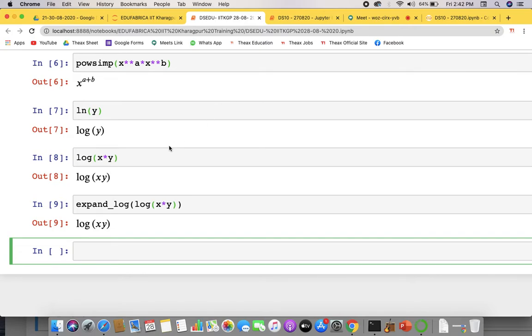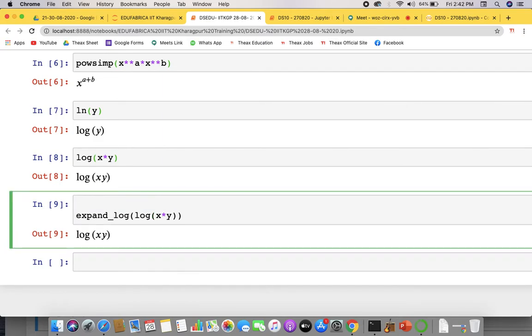So in this case, when you write up the expand logarithmic things, you see the same output. Here in case of log, you will have to define the symbols as positive. The symbols you're using, x and y, you have to say that they are positive.